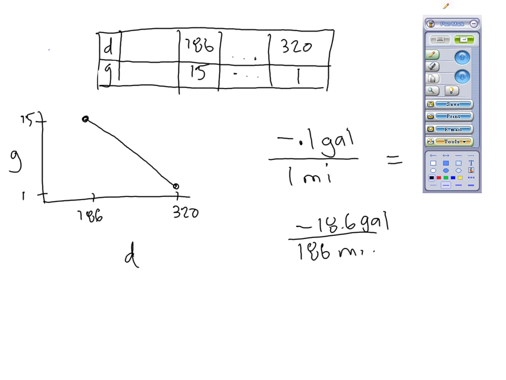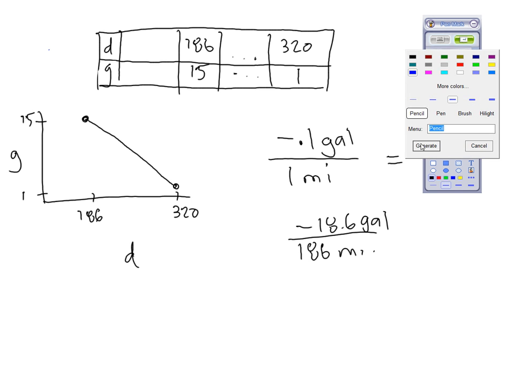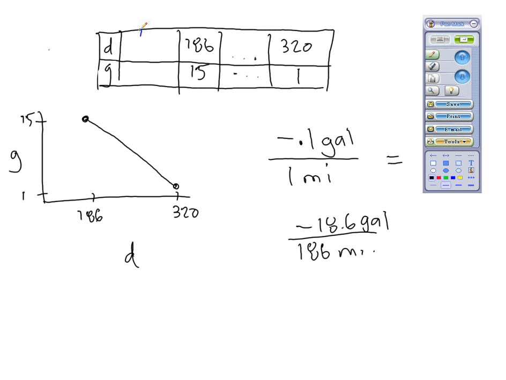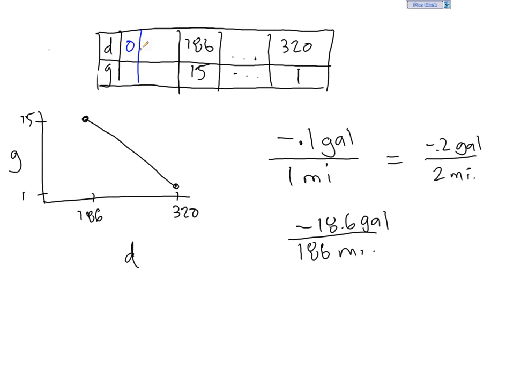Now think about this like going back in time. So now if I could rewind, and I want to come back here and figure out how many gallons did I have after initially driving 0 miles. Well, I have to undo 186 miles to get back to 0. So I have to subtract 186 to go this way. But if I go back 186, I've got to go up 18.6 gallons because going backwards, my gallons would increase.